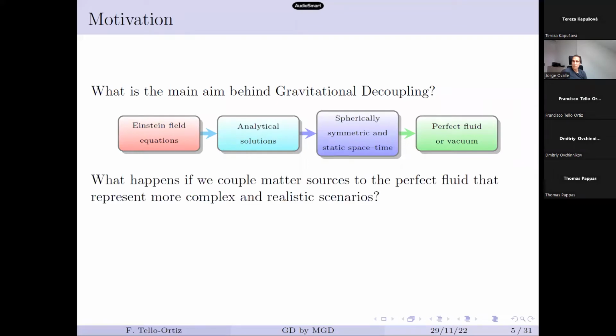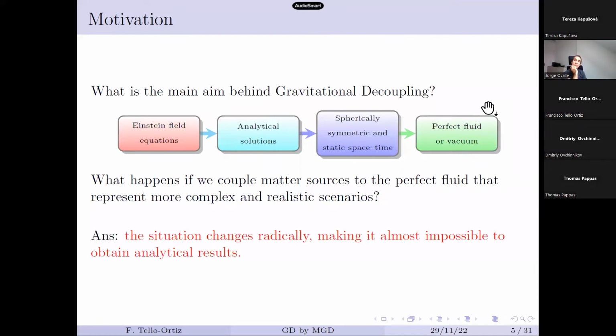Then we can ask ourselves, what happens if we couple a matter source to the perfect fluid that presents more complex or realistic scenarios? What is happening if we go beyond the perfect fluid scenario or if we go beyond the vacuum scenario? The answer is simple. The situation changes radically, making it almost impossible to obtain analytic results, okay?